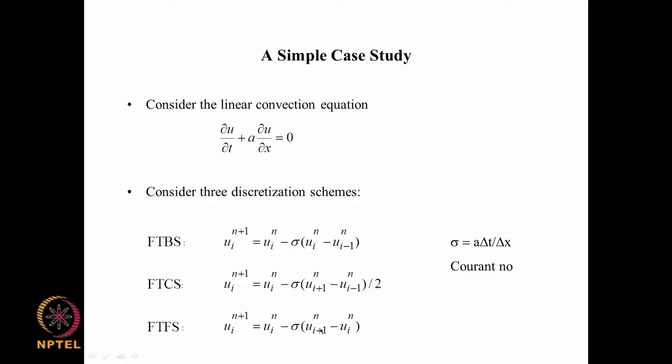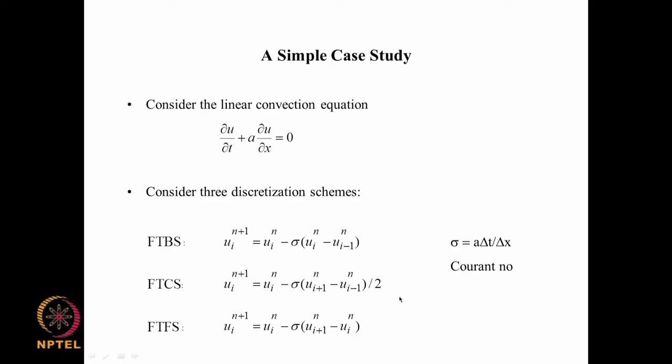So these two are the same, except that we are taking a difference between ui and ui minus 1 in backward differencing, and here it is ui plus 1 minus ui, forward differencing. Both FTBS and FTFS are first order accurate in time and first order accurate in space, whereas FTCS is first order accurate in time and second order accurate in space.